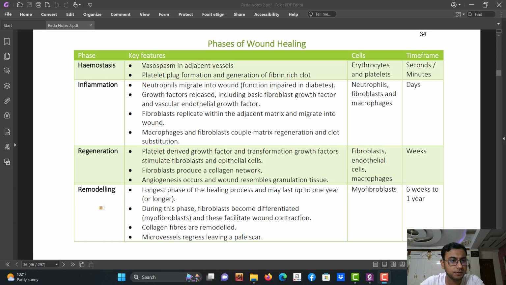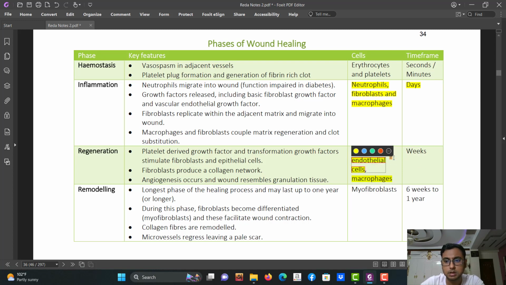There are several phases of wound healing: hemostasis, inflammation, then regeneration and remodeling. The important cellular organisms involved in the stages of inflammation are neutrophils, fibroblasts and macrophages, which are present in the inflammatory phase within days. In regeneration, there are fibroblasts, macrophages and also the epithelial cells.